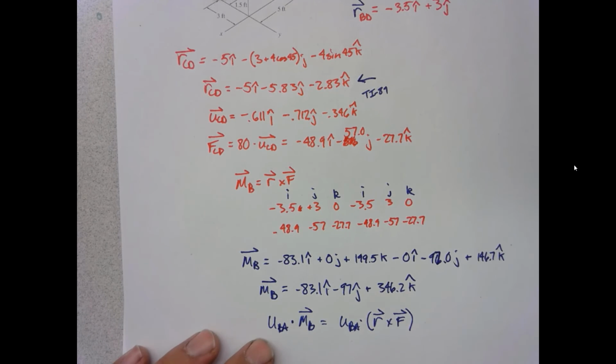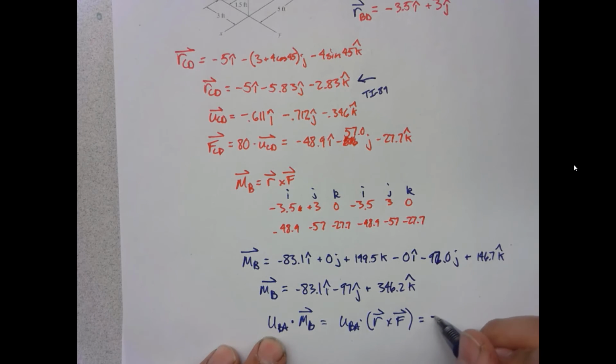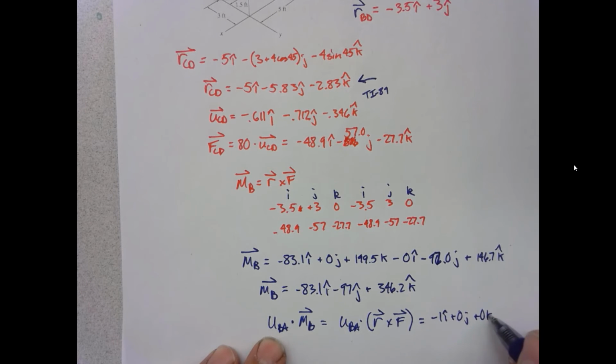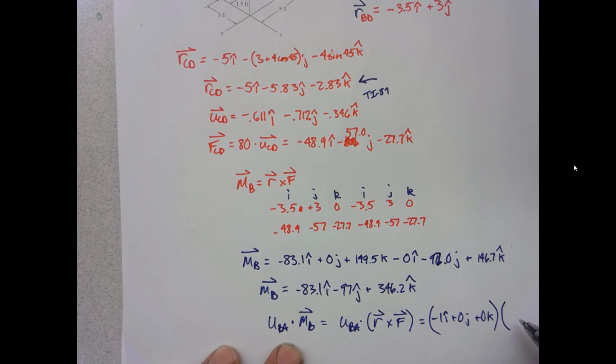But if we do this, the unit vector u_BA we just said is negative 1 i plus 0 j plus 0 k. And we're going to dot that with negative 83.1 i, negative 97 j, plus 342.6 k. All right?